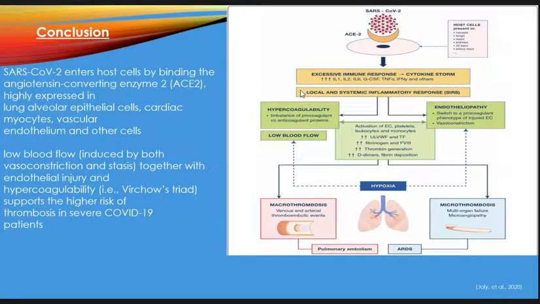These are all elevated. You have a local and systemic inflammatory response, and multiple organ failure that's happening here, hypercoagulability, activation of fibrinogen, and all these you can see they're all elevated.